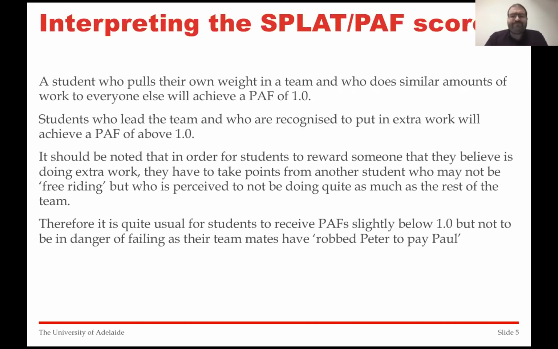So the idea is that a team leader might get 1.2, somebody that's just been coasting might get a 0.8. And you could use these scores as a multiplying factor for group assessment tasks. So if they had to submit something and you provided a mark on that bit of assessment, you could use this factor to scale scores.